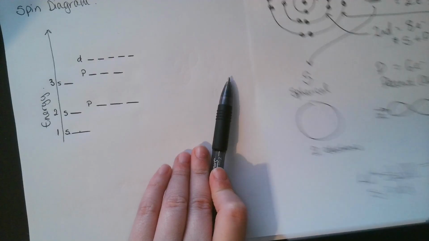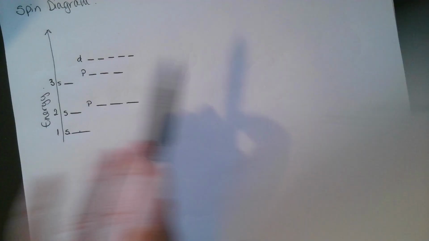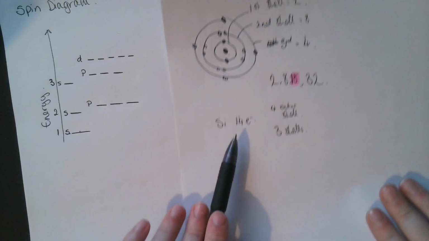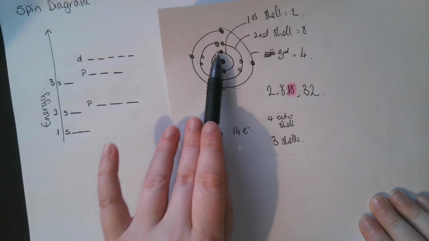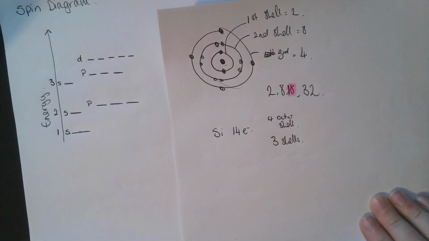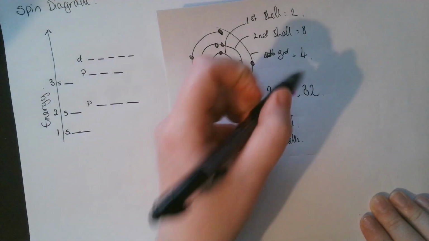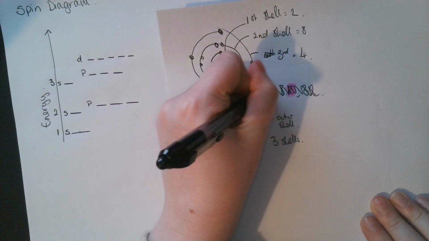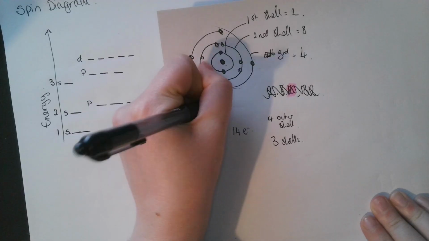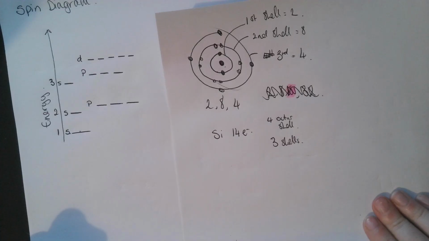So if we go back to our example of silicon, it's 14, so we have 2 here, 8, and then 4 around the outer shell. And I said the GCSE electronic configuration of this is 2, 8, 4.